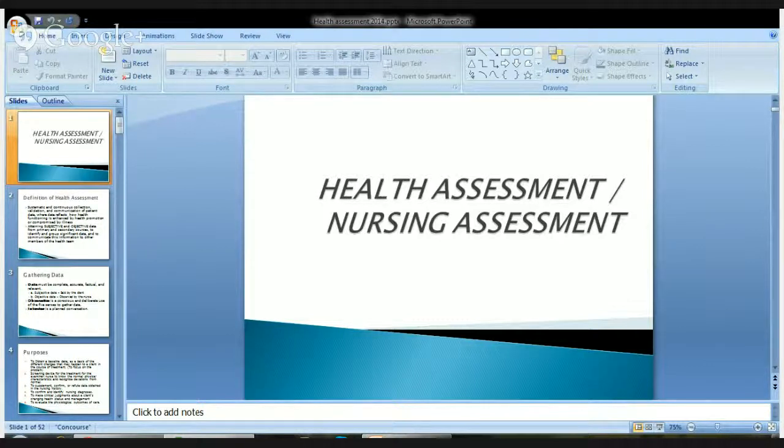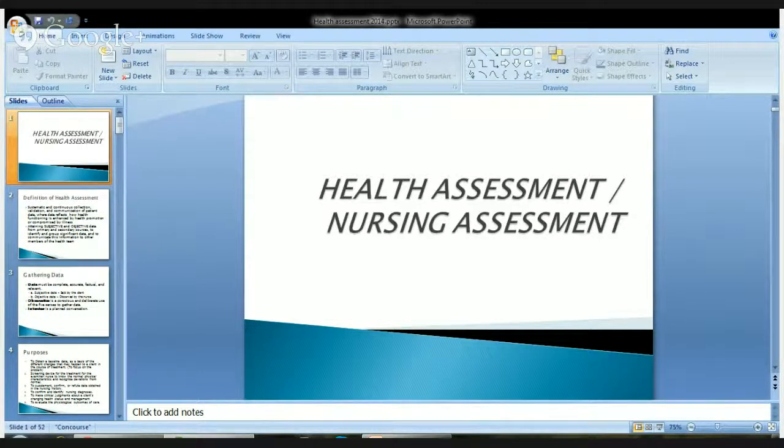We have also the different positions that the client will assume. The several positions are frequently required during your physical assessment. It is important to consider then the client's ability to assume a position, the client's physical condition, energy level, and the age should also be taken into consideration.